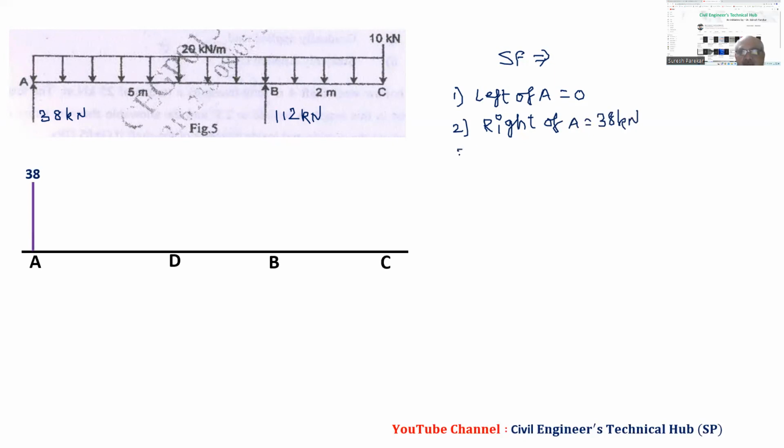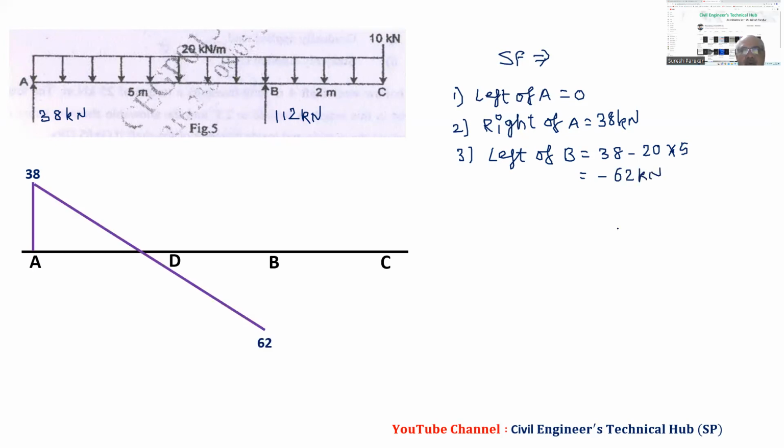Then third, left of B, we have 38 minus 20 into 5, because 5 meter UDL is on left of B, and therefore we will get minus 62 kilonewton. You can see we have 62 shown downward, so it indicates it is minus 62.